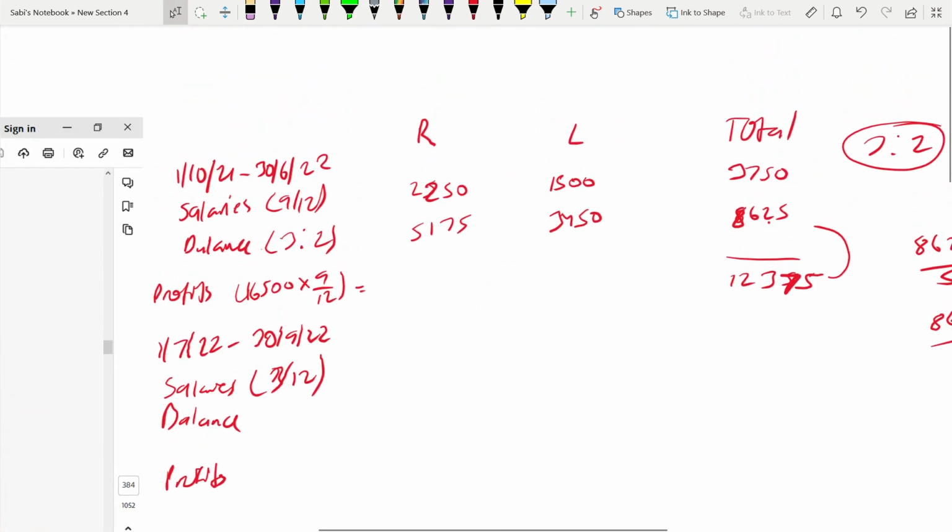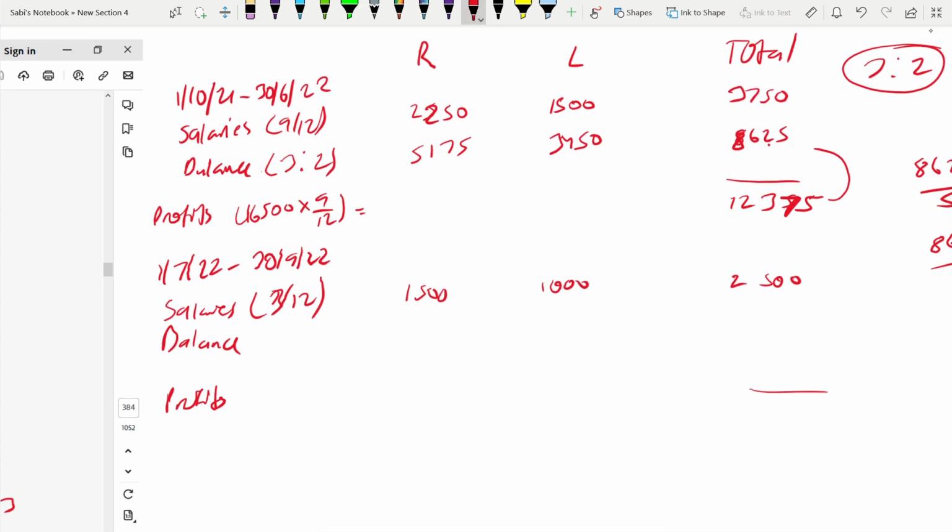So here for him, salary will be 1,500 and 1,000. Together it is 2,500. Then profit. Total profit is 16,500, but take for 3 months only. So 3 months profit will be 4,125.